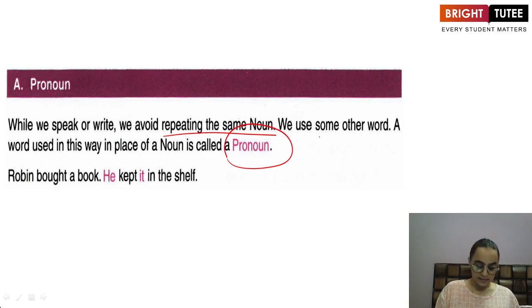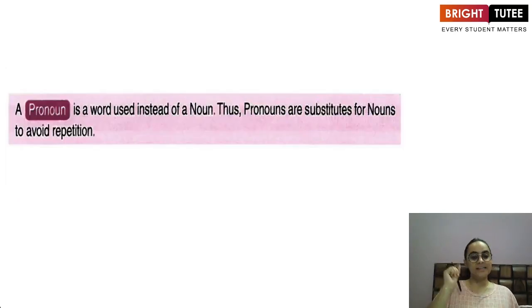In this sentence, we can replace Robin with the pronoun he, and we can replace the noun book with the pronoun it. Right? So, a pronoun is a word which we use instead of a noun, and we can also say that pronouns are the substitutes of the noun. We use a pronoun whenever we have to avoid repetition with respect to the noun.